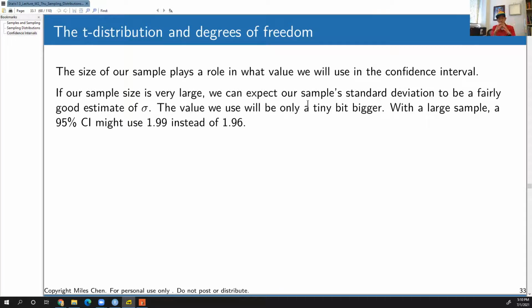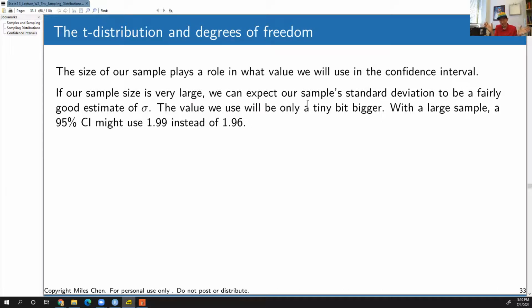If I have a very big sample, let's say I've got like 1,000 values in my sample, then the standard deviation I get from my sample, I can expect to be a pretty good estimate of the population standard deviation, right? So the population standard deviation is some unknown value, but if I have like 1,000 values in my sample, I can say, you know what?